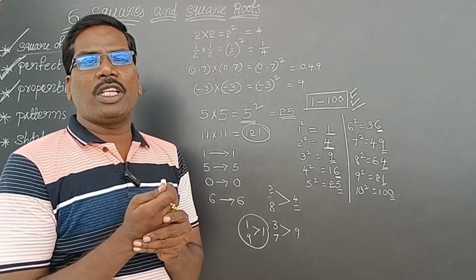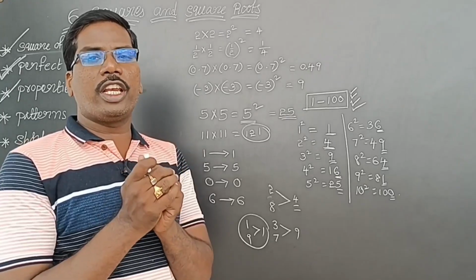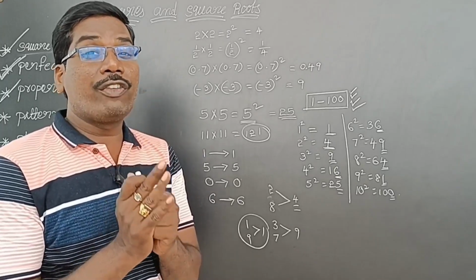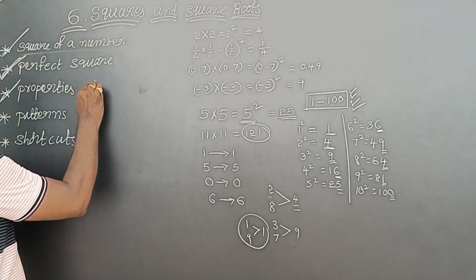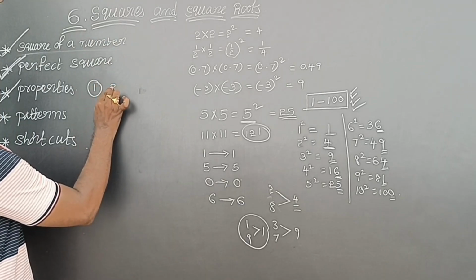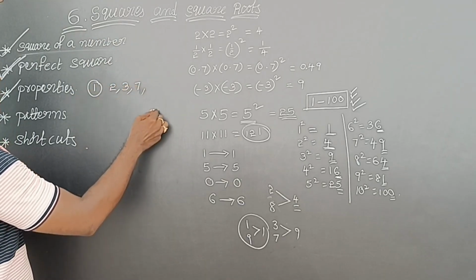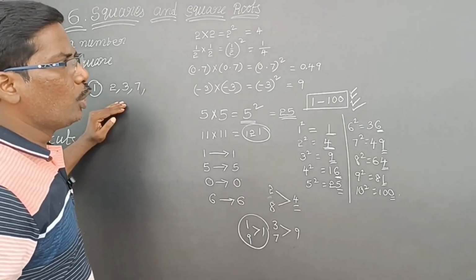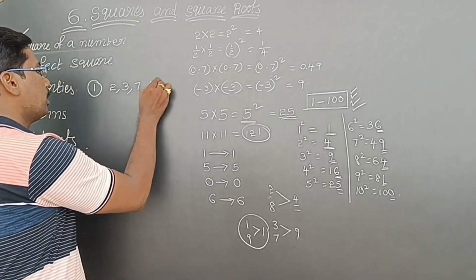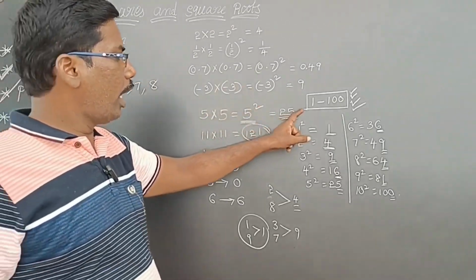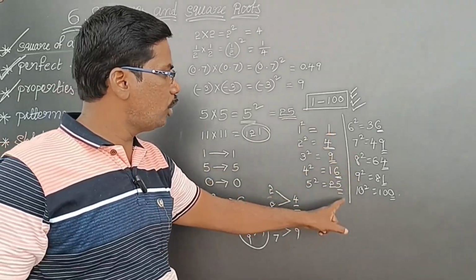The first property, most important, is that square numbers never end with 2, 3, 7 and 8. See, in the squares, have you seen 2 anywhere in the units place?